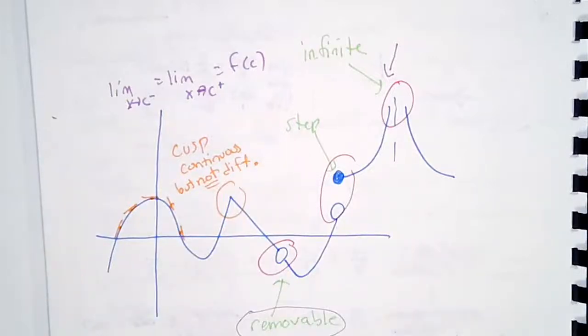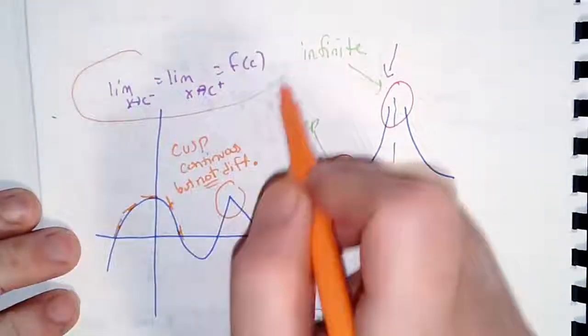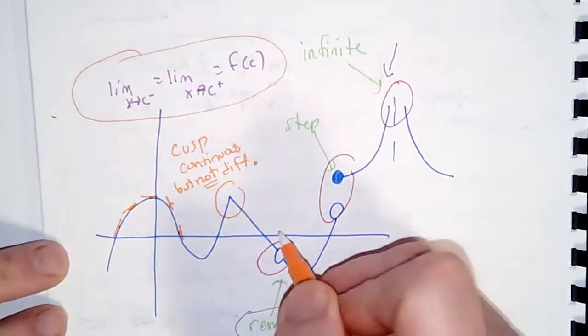So from a mathematical standpoint, all they're going to ask us about continuity is how do we know something is continuous or is not continuous. We're literally just going to state the definition of continuity. We're either going to say this is true or this is not true. So why is it discontinuous at point A right here?